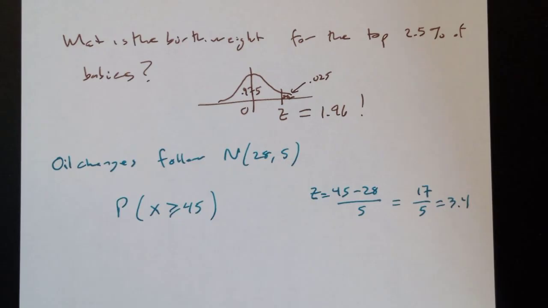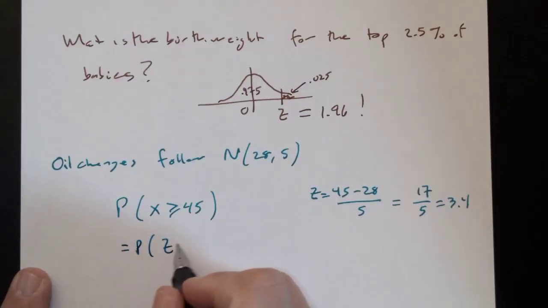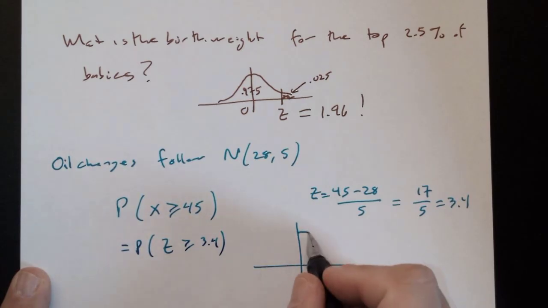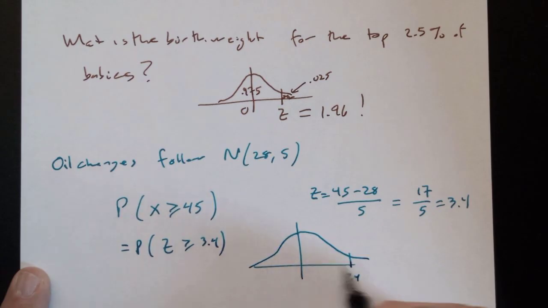So the stuff that's outside 3 is already 0.3%, 0.003. So when I get all the way out to 3.4, I'm way out there. I'm after that little bitty area.